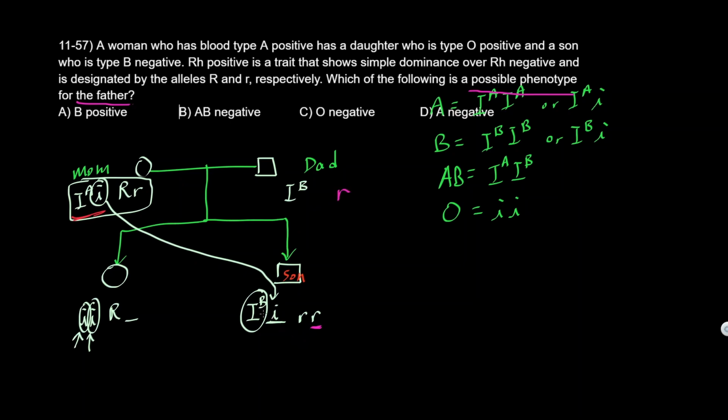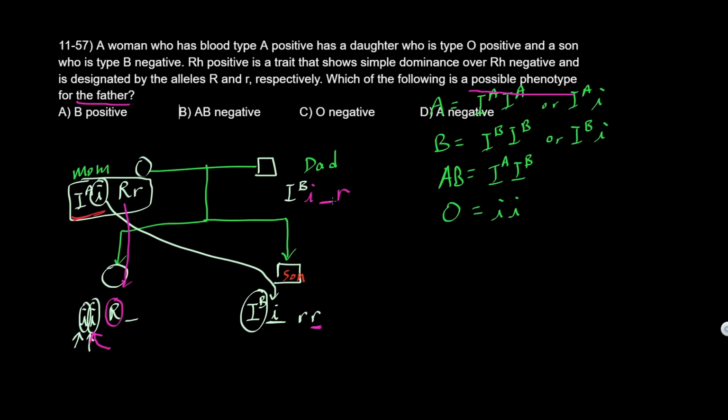And also, because the son is blood type B, like I said earlier, that has to have a B somewhere there. And it has to be little i because the daughter has both little i's, okay? But we don't know whether the daughter's capital R came from mommy or daddy. That we don't know, okay?